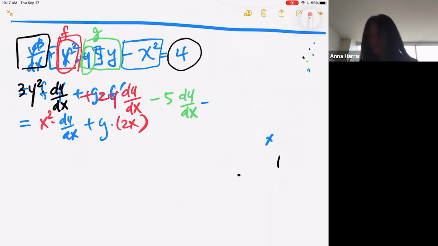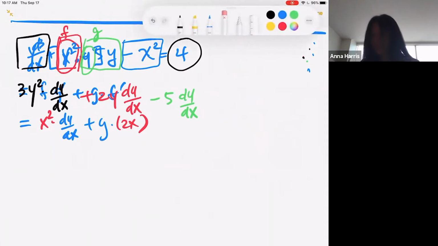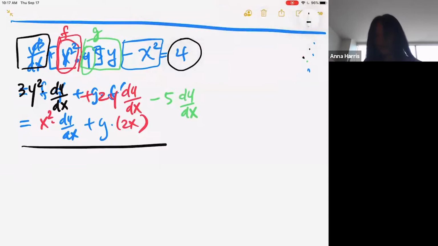Okay, I need to rewrite this problem right here because it's a little bit messed up. Okay, class, I'm gonna just do it again because it got messed up right here. Well, we get to practice one more time.